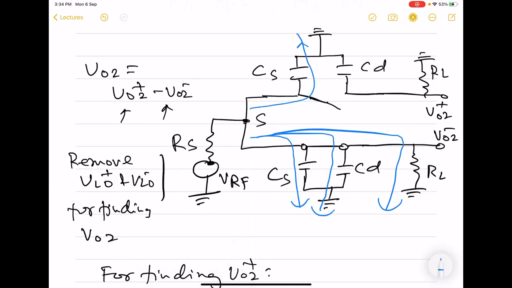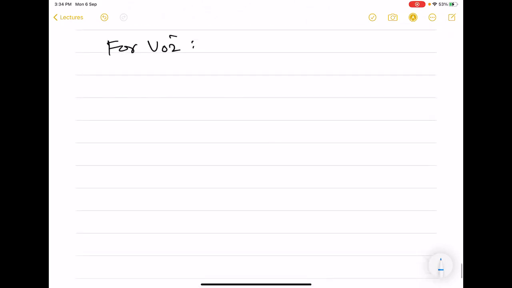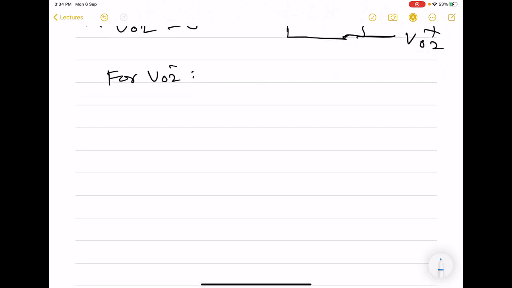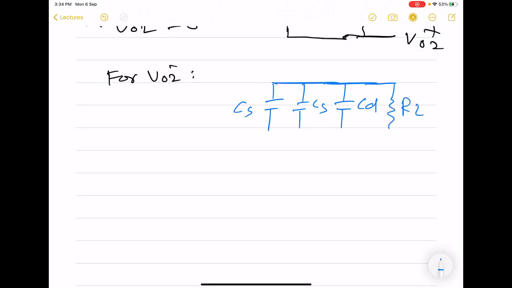So again, we have four elements in parallel. Two are CS, one is CD, and the fourth is RL. So the circuit is now CS, CS, CD, RL.